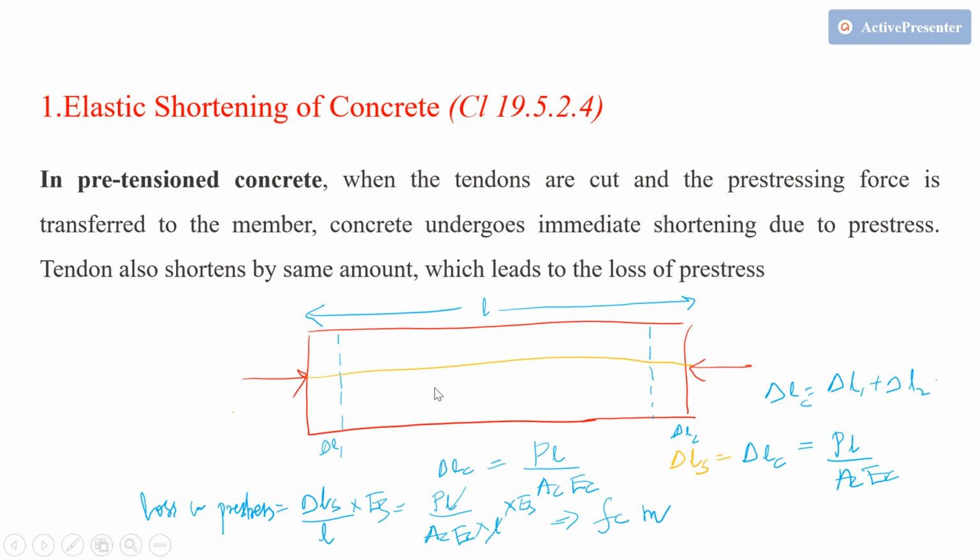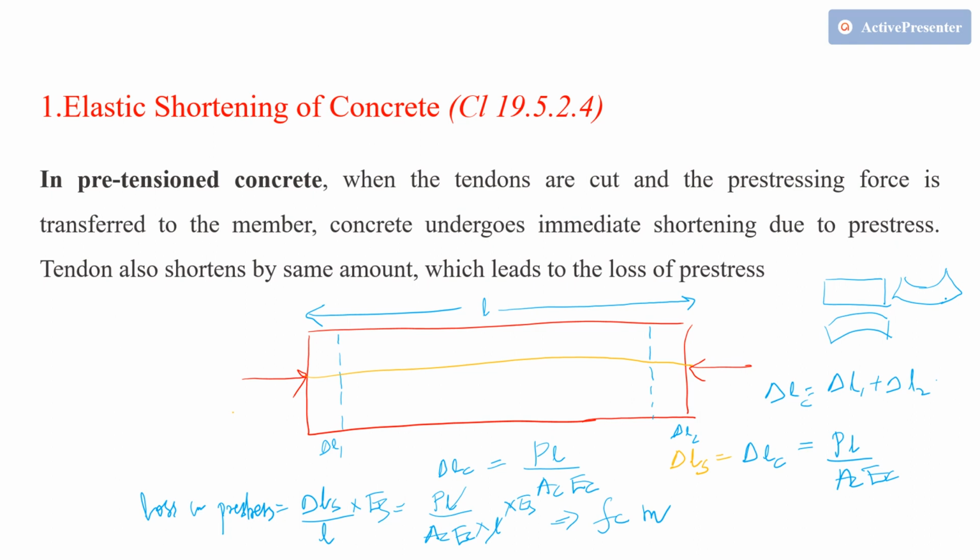And if there is eccentricity, there will be some reduction as well as some increase in length, because when there is eccentricity, it is going to get shortened due to the direct prestressing force. It is going to elongate due to this eccentricity effect, and due to the dead load effect, it is going to get elongated also.